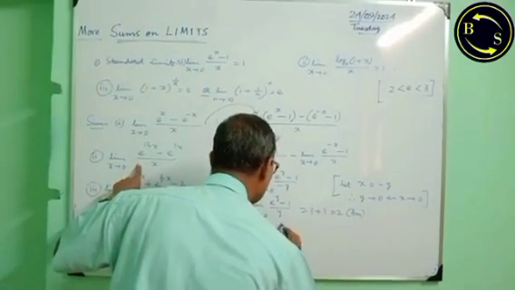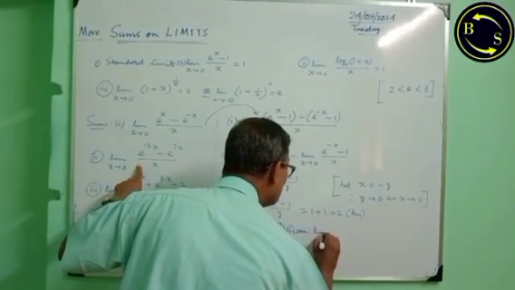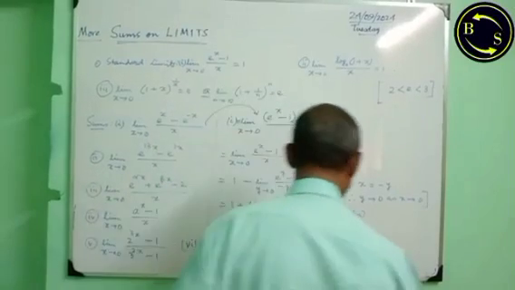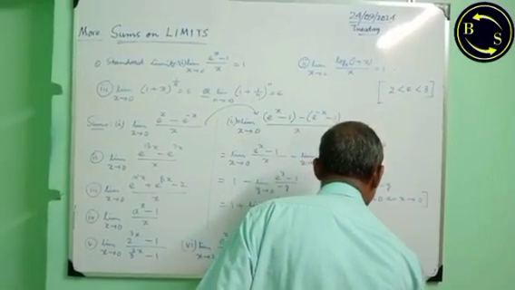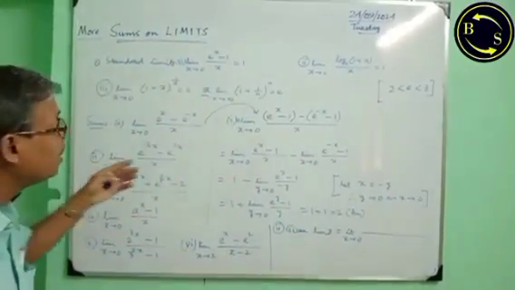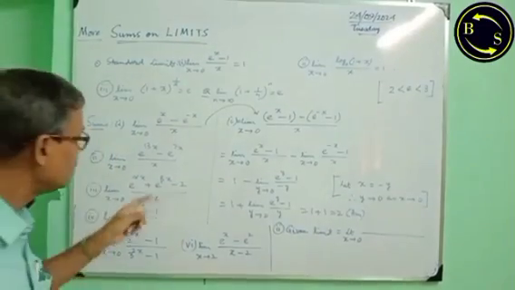Number 2, given limit. First you copy the limit in your copy. Limit x tends to 0. I write the numerator keeping in mind the standard form, e to the power x minus 1 divided by x equal to 1.